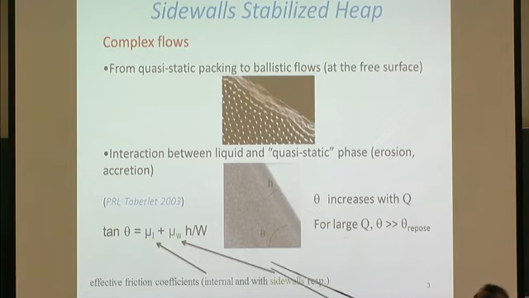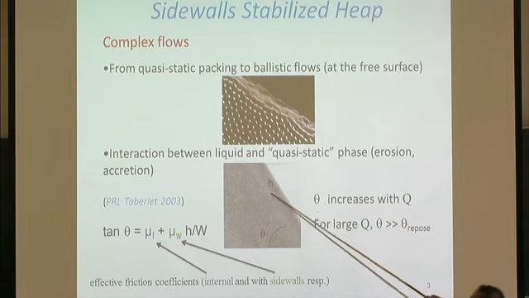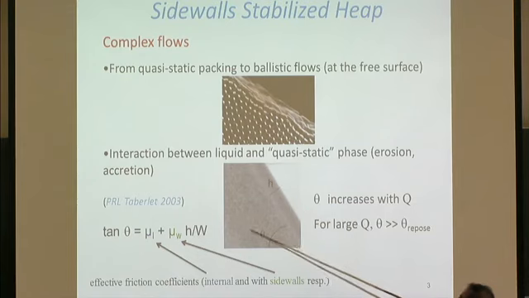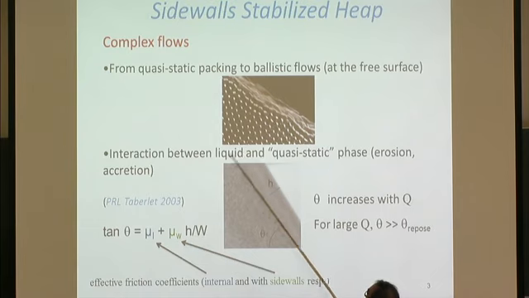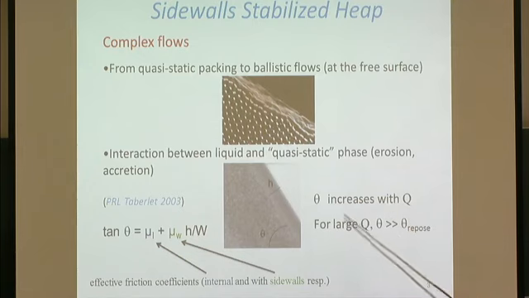The thickness of this part is H. And below, you have a quasi-static part, with the angle of the interface named theta. What is specific is that this angle depends on the flux Q. When Q increases, it's possible to increase the angle theta.